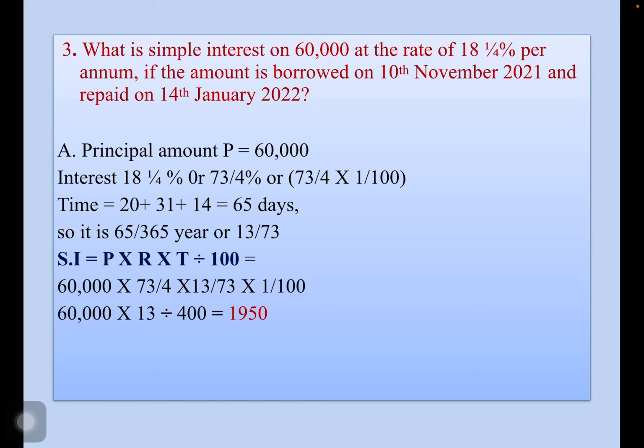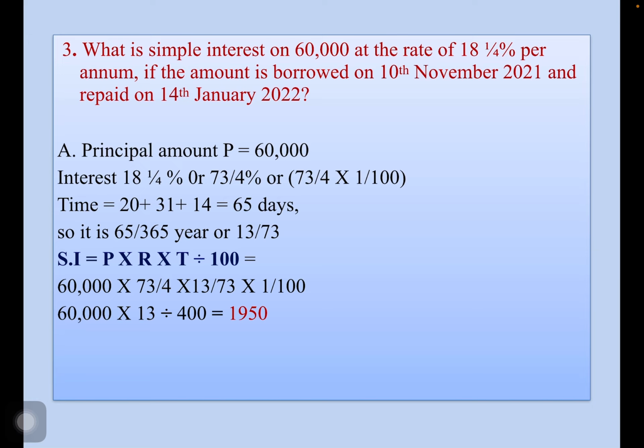Now the time. We borrowed on 10th November. November has 30 days, therefore 20 days. December 31 days. January 14 days. Together 65 days. So it is 65 by 365 year, and if you simplify it, it will be 13 by 73.